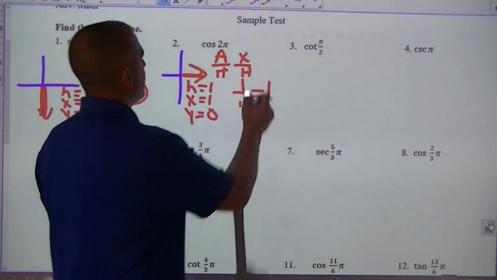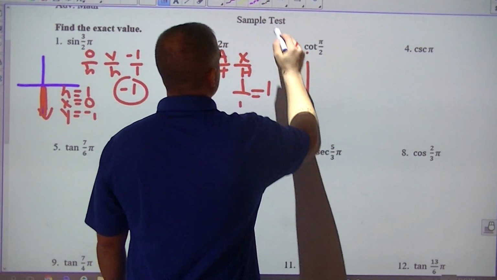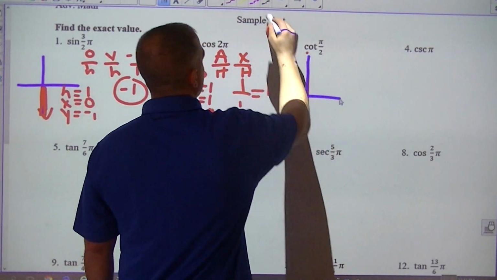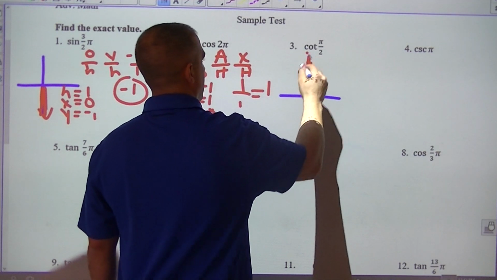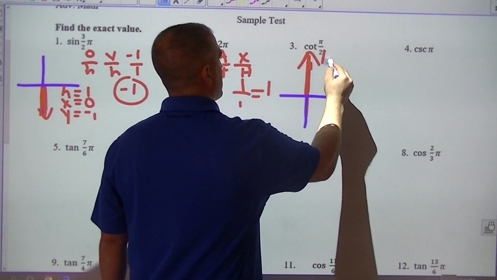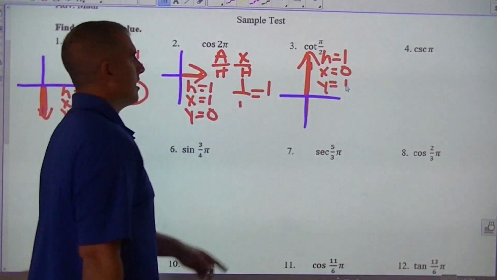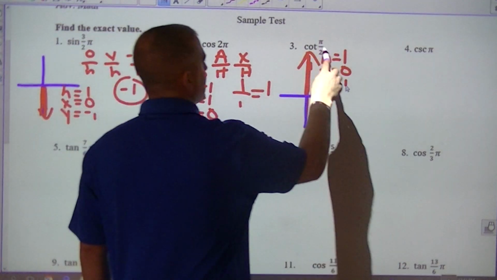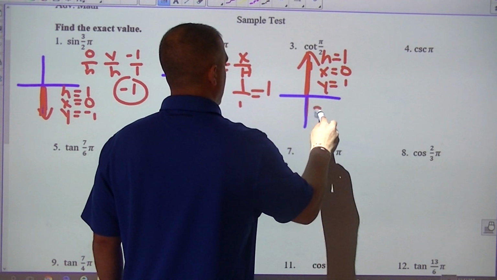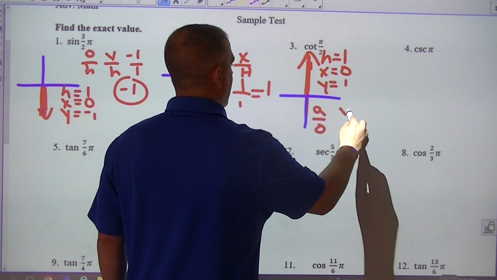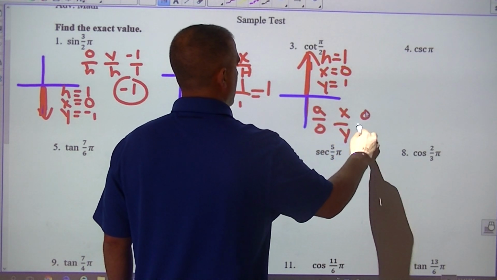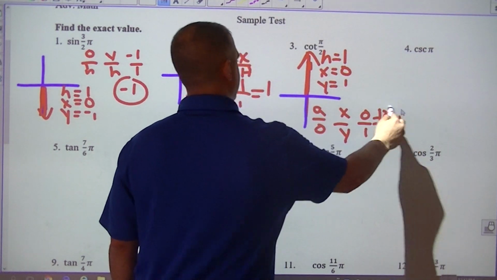Now here's pi over 2. Pi over 2 would be here. So H would be 1, X would be 0, Y would be 1. Cotangent is adjacent over opposite or X over Y. So 0 over 1, which would be 0.